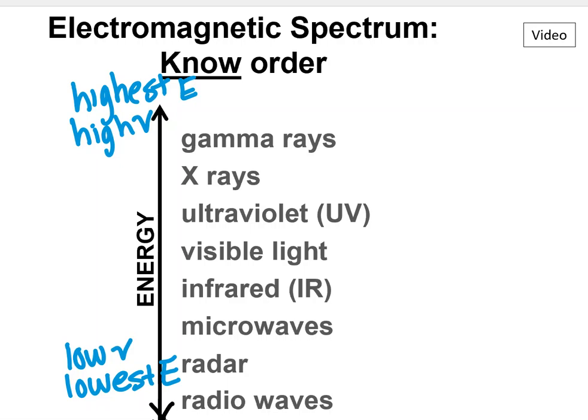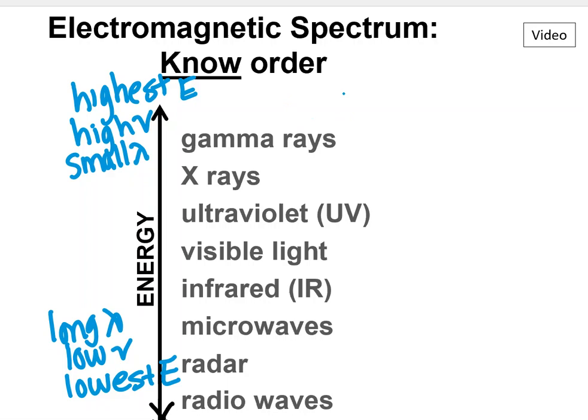And a high frequency comes from a short wavelength. So small or short wavelength. Long wavelength. Okay, so there's our spectrum.